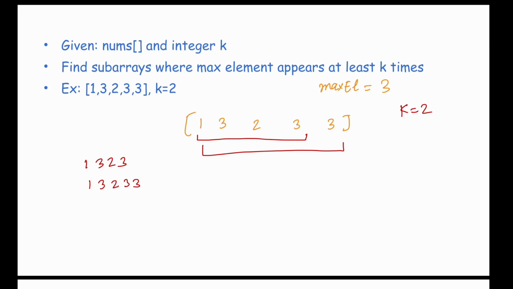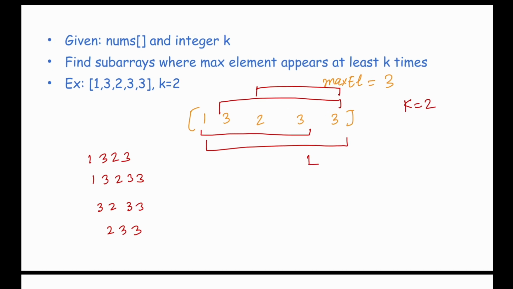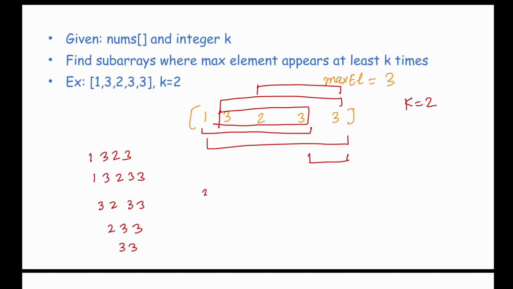And then again we have this as well, 3, 2, 3, 3. This should also be in the bucket, 2, 3, 3. This 3, 3. And we have this 3 to 3 as well.